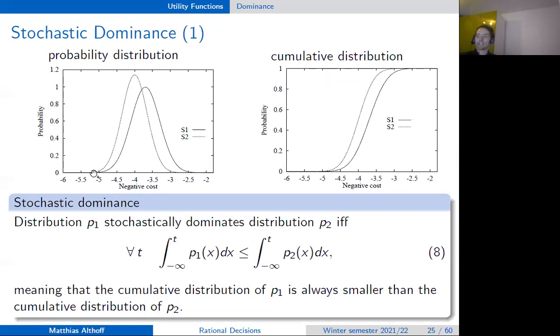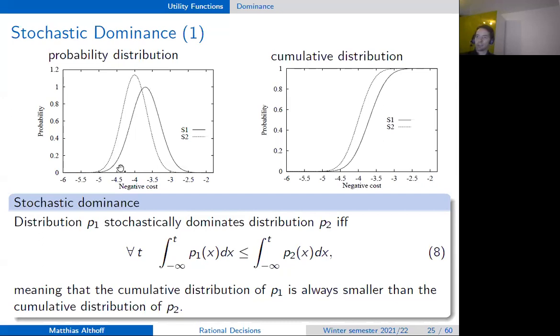The other lines show the probability distribution. The first probability distribution shows the distribution of the utility of a certain choice, and this solid line shows the distribution of another choice.